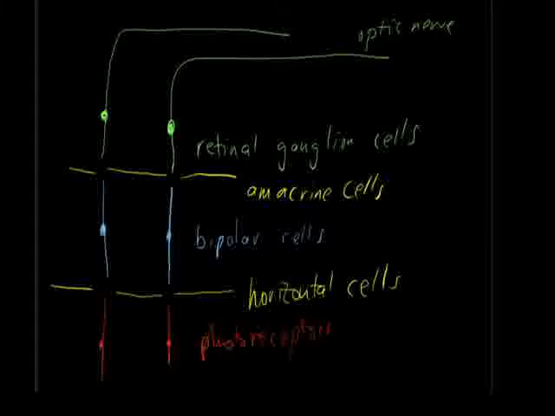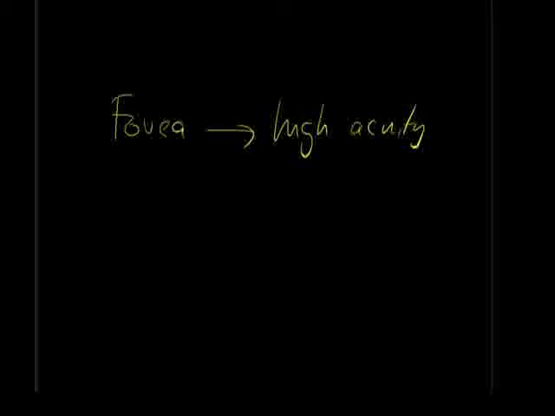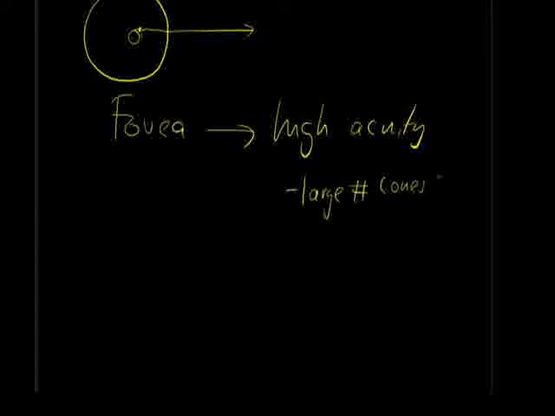The other thing to be aware of is that the fovea is adapted for high acuity vision. So if you imagine you've got the whole of the retina, you've got an area in the middle called the fovea, and that's close to where all the axons merge and then go out. And this area is adapted because it has, first of all, a large number of cones per unit area.